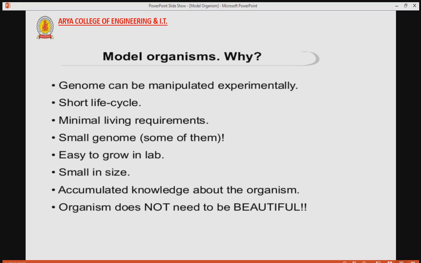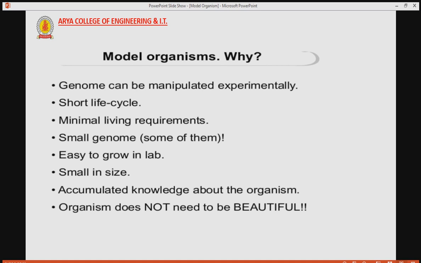Model organisms are widely used to research human disease when human experimentation would be unfeasible or unethical. Studying a model organism can be informative, but care must be taken when generalizing from one organism to another.